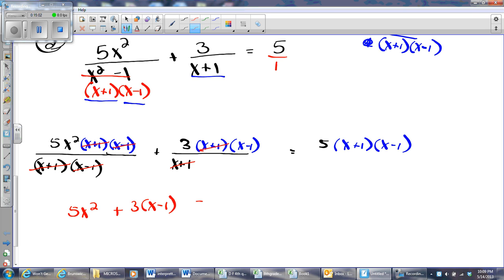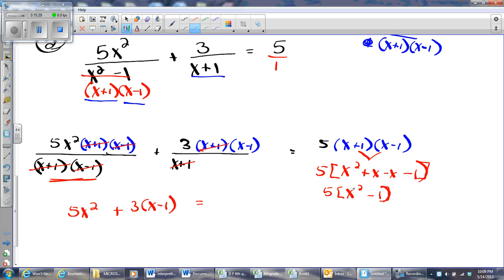Now over here, I'm going to strongly recommend that you FOIL first. We're going to have x squared plus x minus x minus 1, and that will simplify to x squared minus 1. Of course, if you were paying attention to factoring over here, you knew that was going to happen.